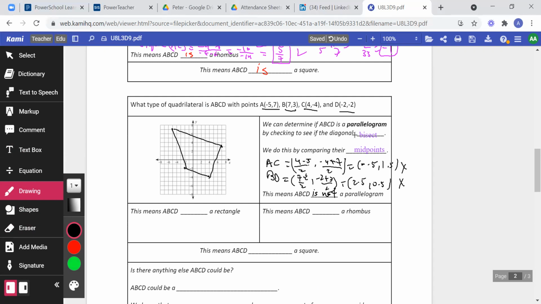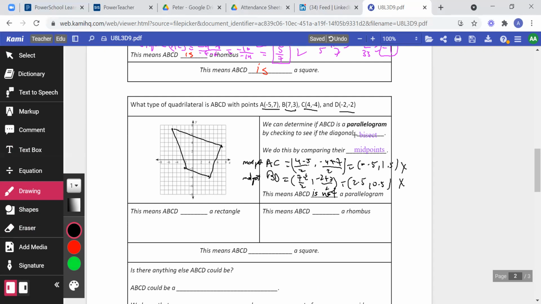But if you check the midpoint of AC and BD, you see that the midpoints are not the same, then there's nothing to look up to again. And since the midpoints are not the same, it's not a parallelogram, therefore it cannot be a rhombus, it cannot be a rectangle, and it cannot be a square.